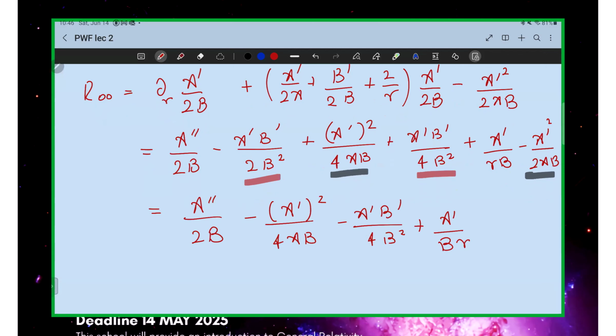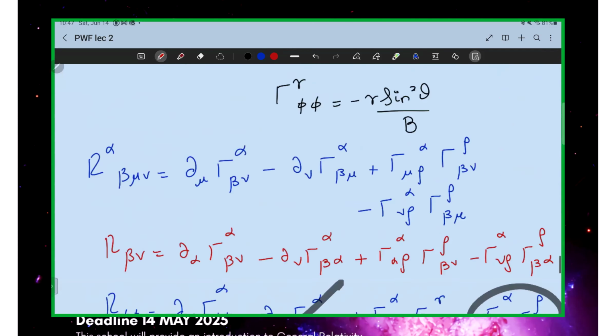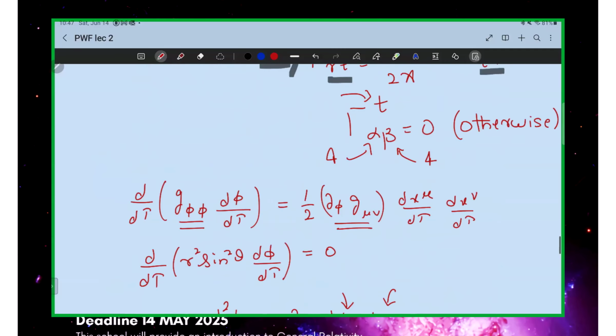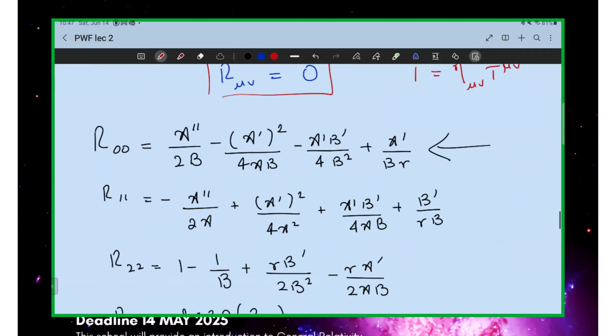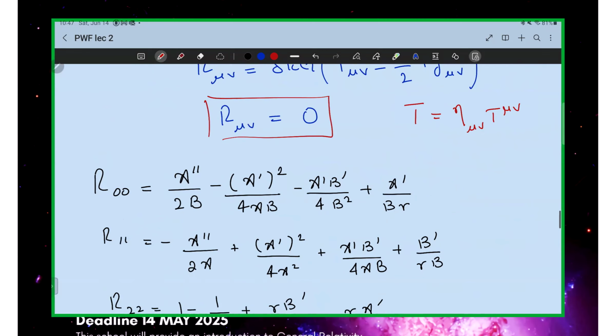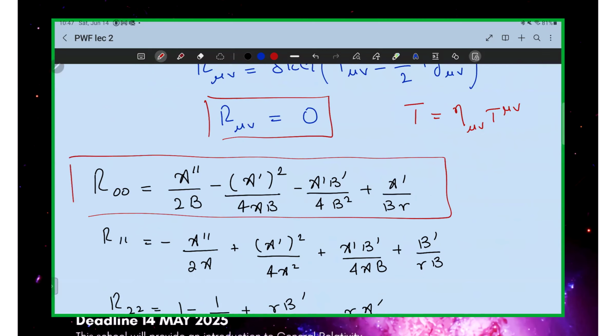Now let's see if this is what I quoted earlier for R00. Yes, if you compare this with what I just derived, we will get explicit expressions. I've not used Einstein's equations yet. We will get explicit expressions for A and B. One of the biggest problems in deriving any solution to Einstein field equations is to calculate the Ricci tensor, right?